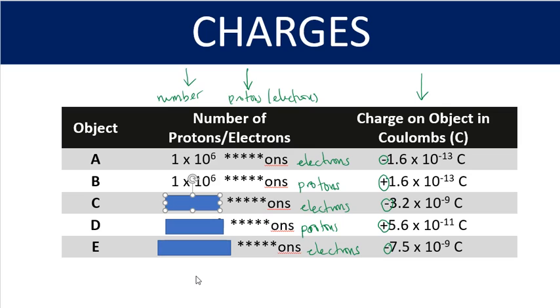Object C has how many electrons? How about D? How many protons does D have? The last, and definitely not the least, object E has how many electrons?